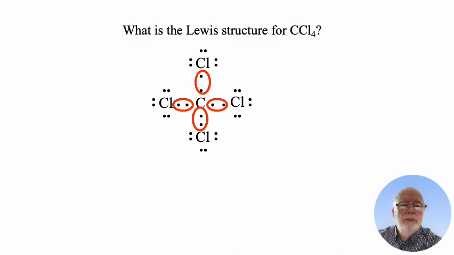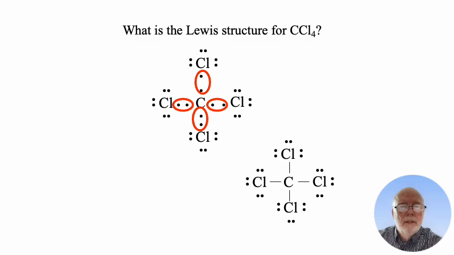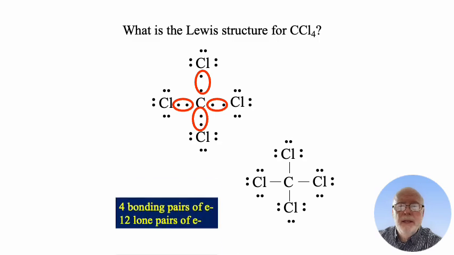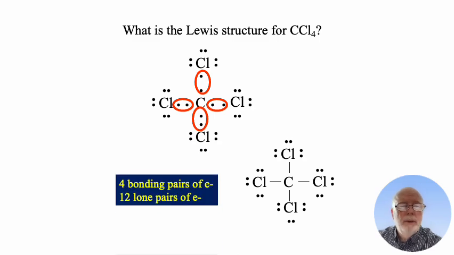And then I would replace those shared electrons with a dash. Notice how symmetrical this molecule looks. So what do we have all together then? We have 4 bonding pairs of electrons, 12 lone pairs.